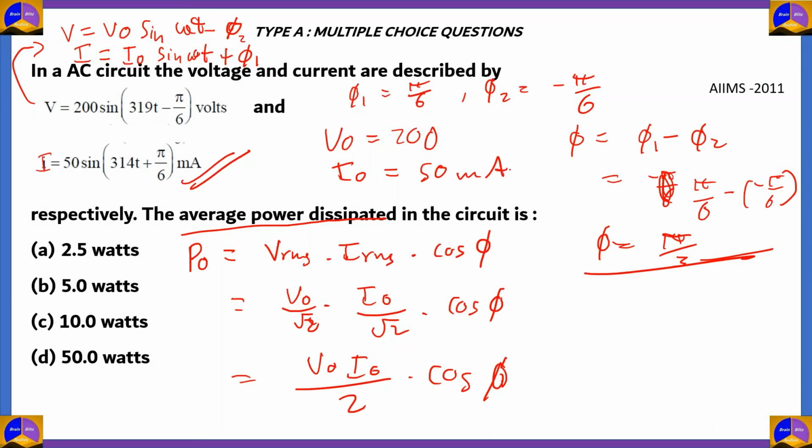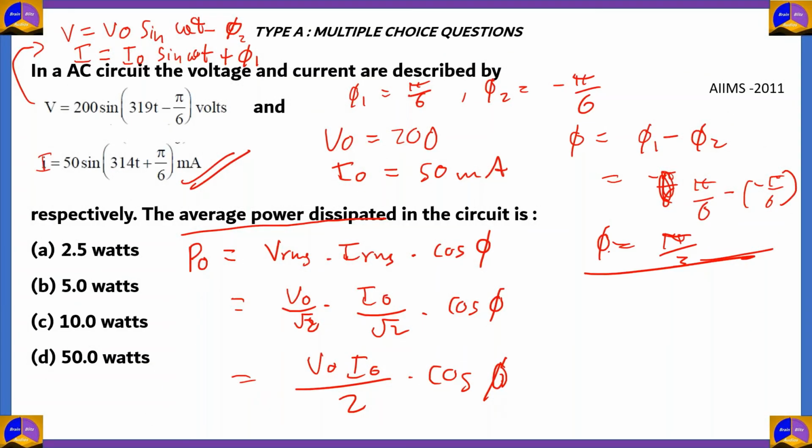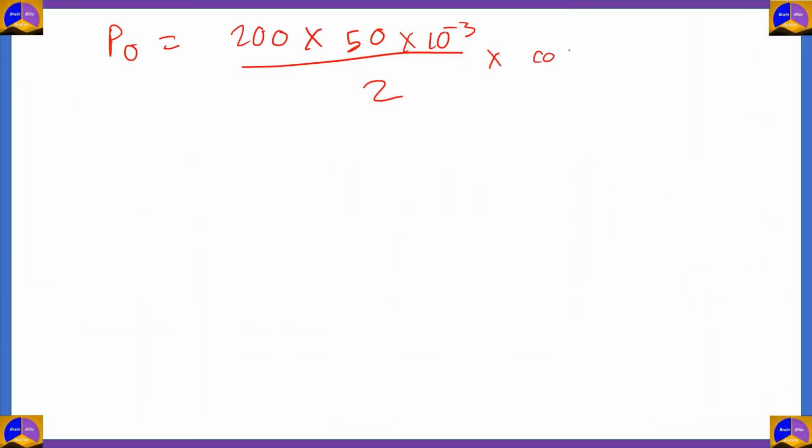So I0 is 50 milliamperes. 1 milliampere is 10 raised to minus 3 amperes. So 50 milliamperes will be 50 into 10 raised to minus 3 amperes. The whole divided by 2 times cos phi, where the value of phi is pi by 3. So cos of phi is cos of pi by 3.